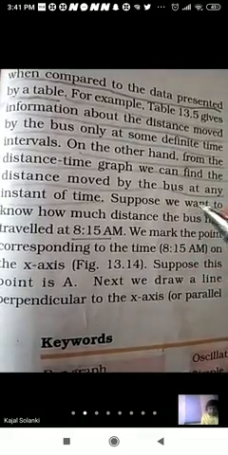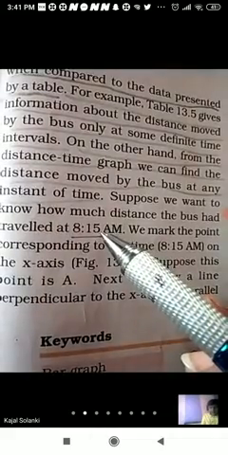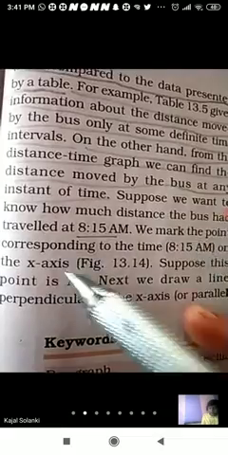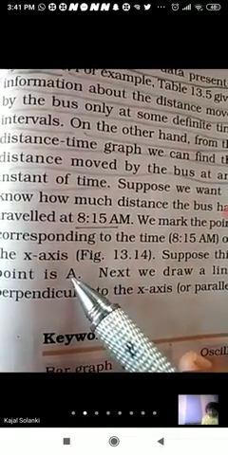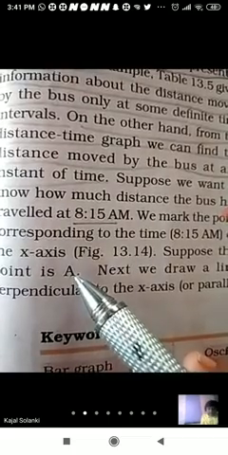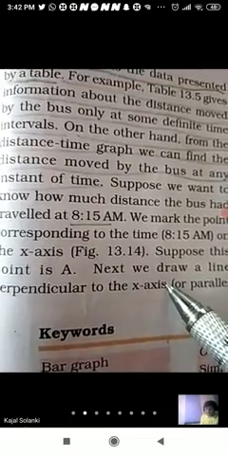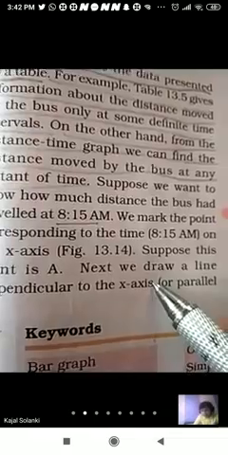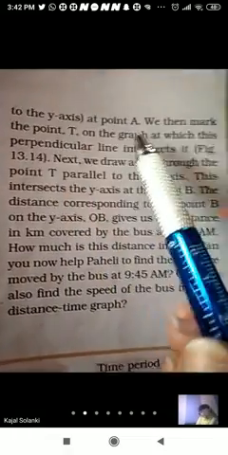Suppose we want to know how much distance the bus had traveled at 8:15 a.m. We mark the point corresponding to the time 8:15 a.m. on the x-axis. Suppose this point is A. Next, we draw a line perpendicular to the x-axis or parallel to the y-axis at point A. We then mark the point T on the graph at which the perpendicular line intersects.